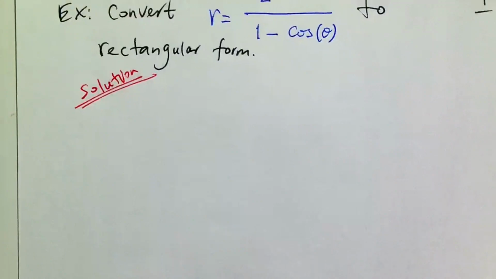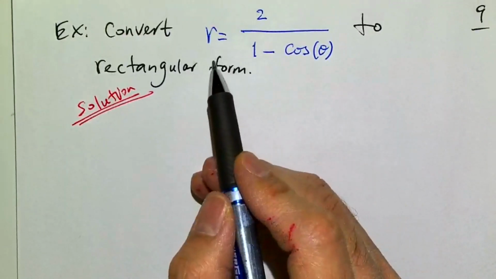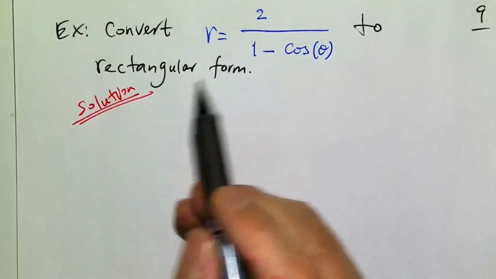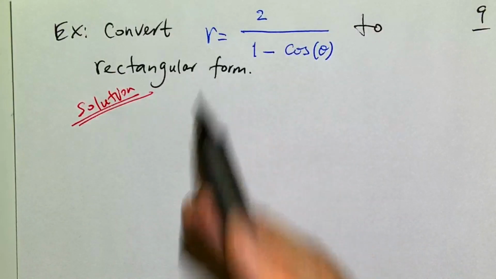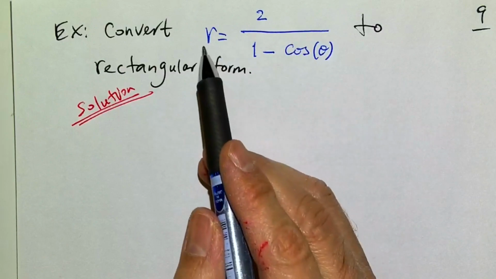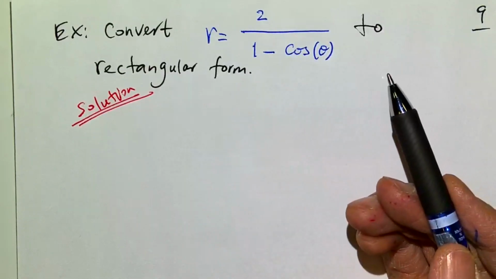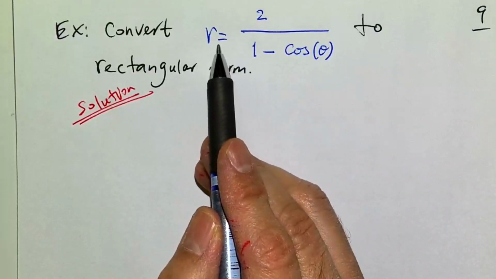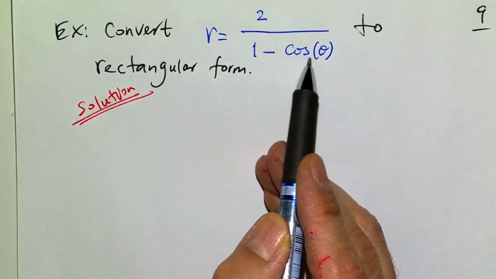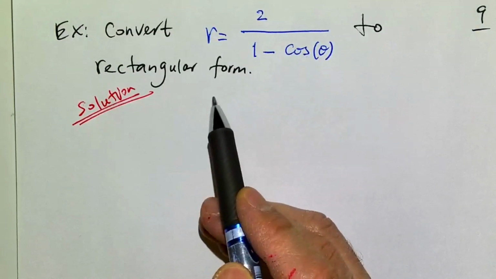So the first thing we would do is just like before, because if we are to convert this to rectangular form, we have to have r times sine theta or r times cosine theta, right? So we have to cross multiply in order to get a product of r and one of these trigonometric functions.